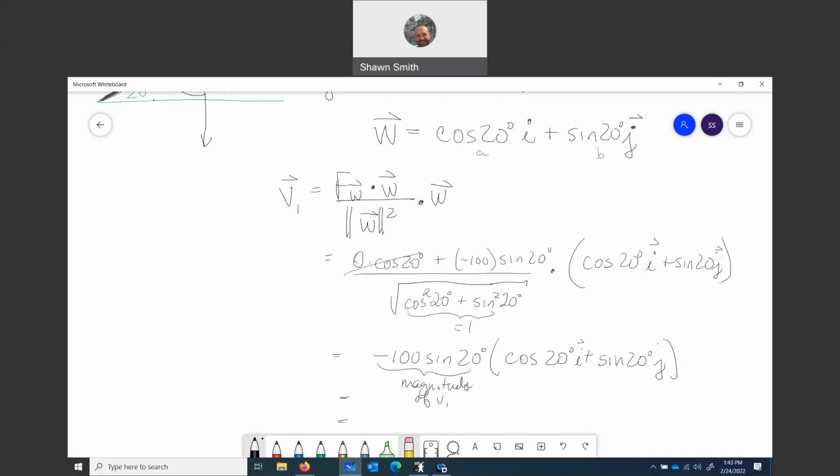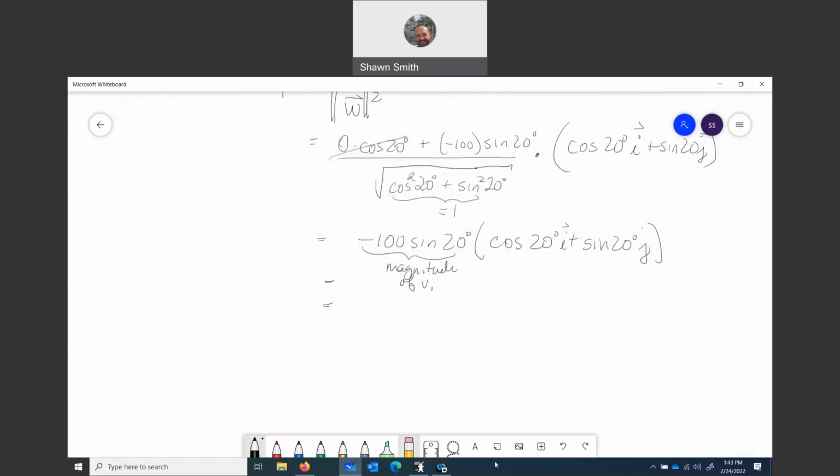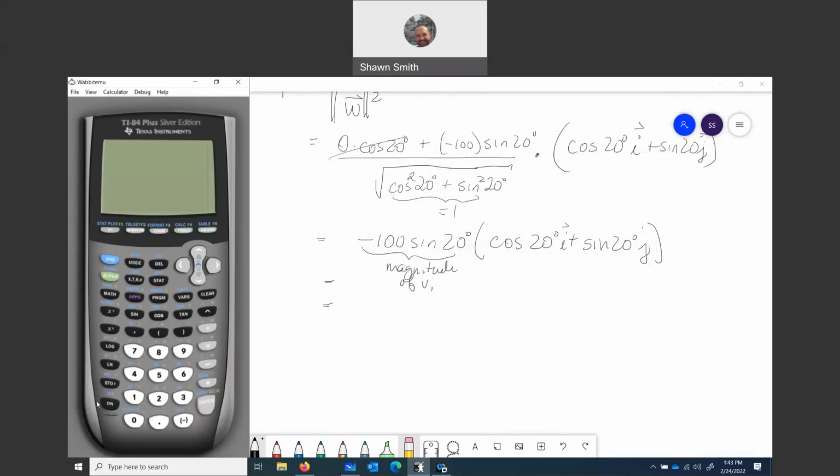So that's the amount of force. Calculator: negative 100 times the sine of 20 degrees. And that's negative 34.2 pounds of force.